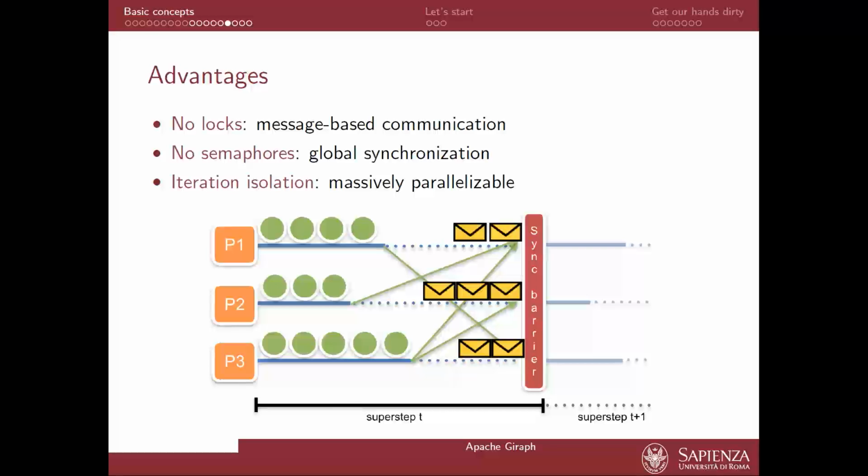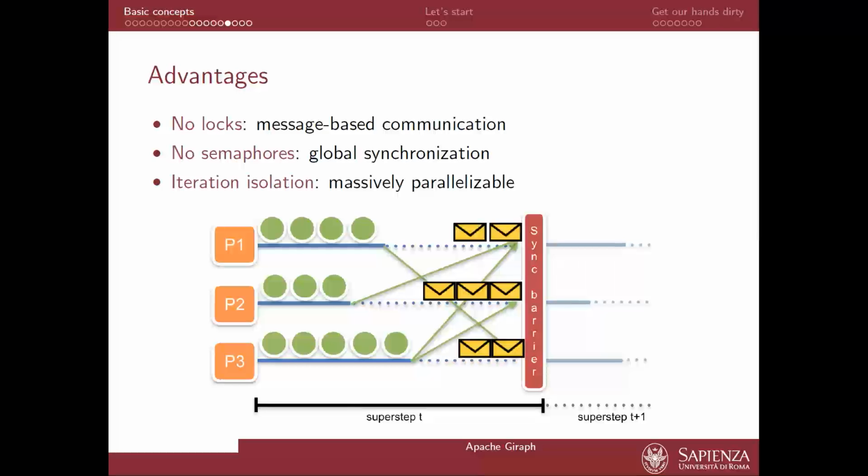What are the advantages of this model? Well, at the start of any superstep, each worker reads the messages received in the previous phase. Then it has all the variables that it needs for ending this step.